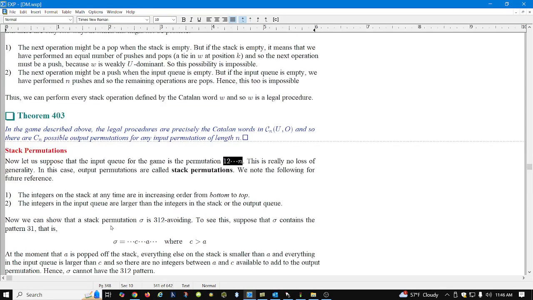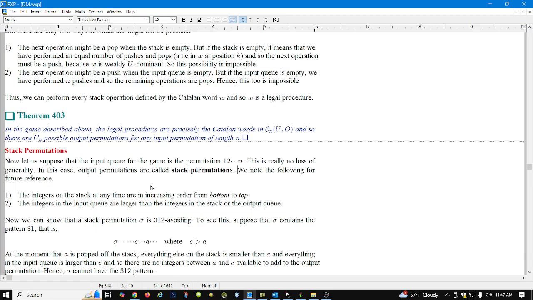And there's a couple of things to note about this situation. It's because the input permutation is the numbers 1 through n in order. The integers on the stack at any time are in increasing order from bottom to top.